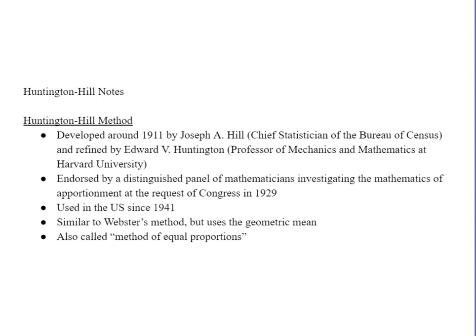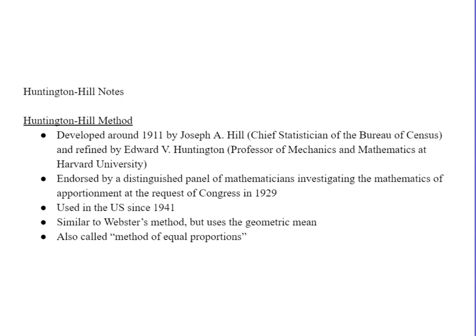So, about 10 years after that, in 1941, the Huntington-Hill method was officially adopted as the method used for congressional apportionment in the United States. It is similar to Webster's method, except it uses the geometric mean, which I'll talk more about in a minute. It is also called the method of equal proportions.